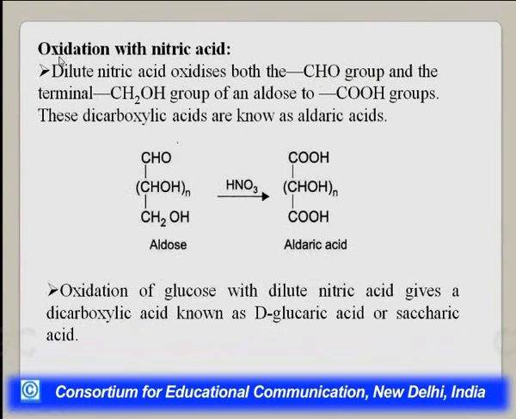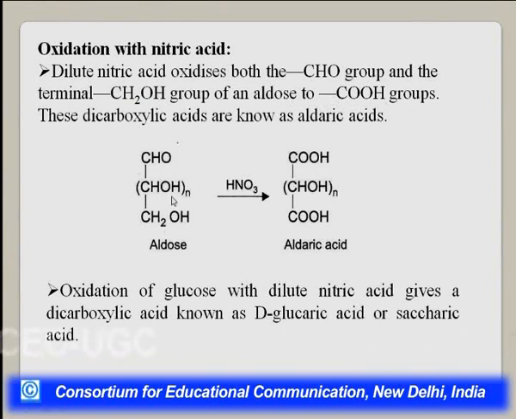Another reaction is oxidation with nitric acid. It is a strong oxidizing agent, you must know this. Dilute nitric acid oxidizes both the aldehyde group and the terminal CH2OH, that is the alcoholic group of an aldose, to a carboxylic group, that is COOH group.